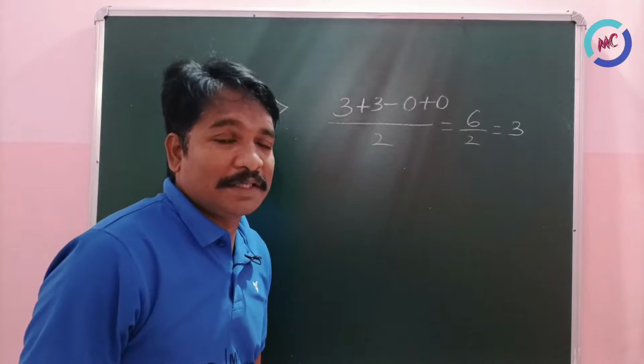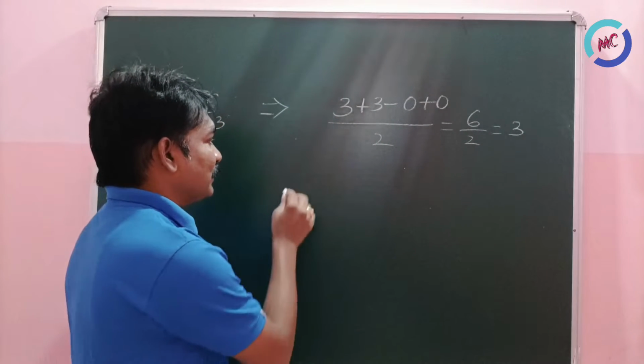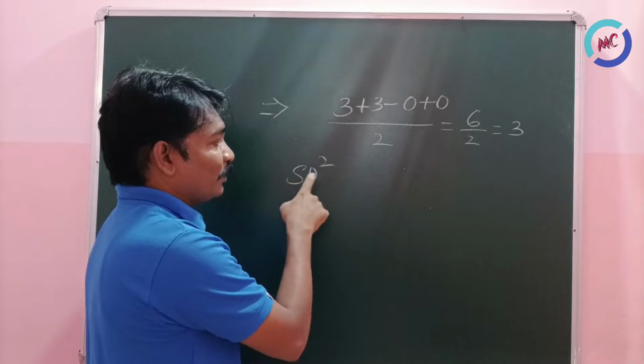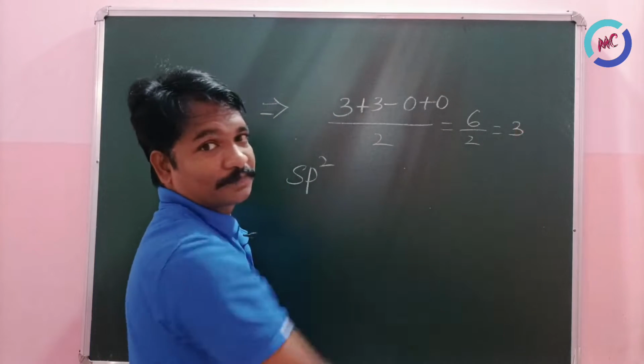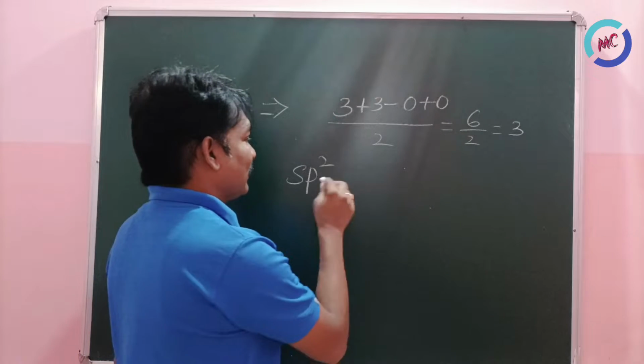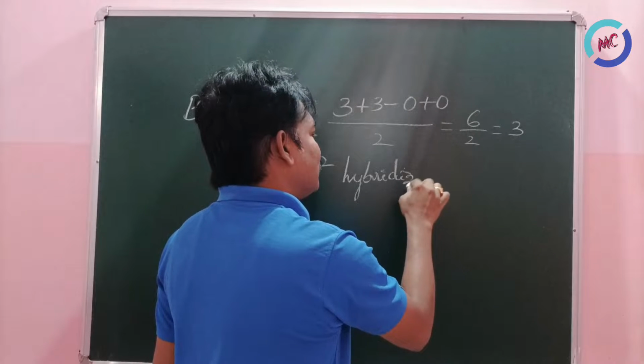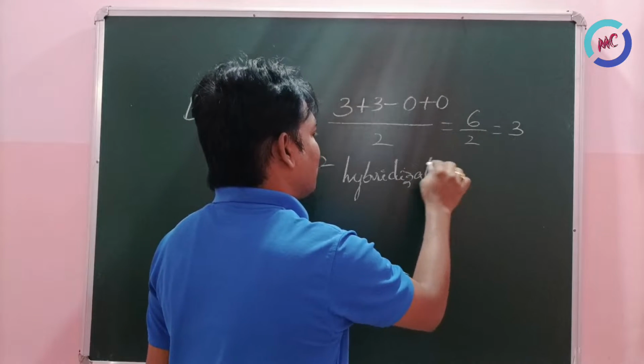If hybridization number is equal to 3, it is sp2 hybridization. sp2, 1 plus 2, 3. If it is sp2 hybridization, what is the shape of the molecule?